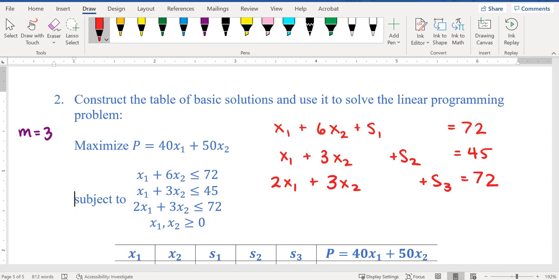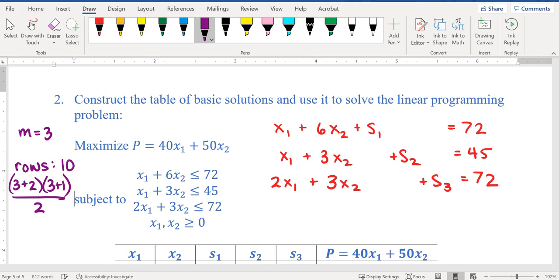All right, remember that we have 3 constraints. How many rows will we have? For the rows, we do 3 plus 2 times 3 plus 1 over 2. So 5 times 4 is 20, divided by 2 is going to be 10.